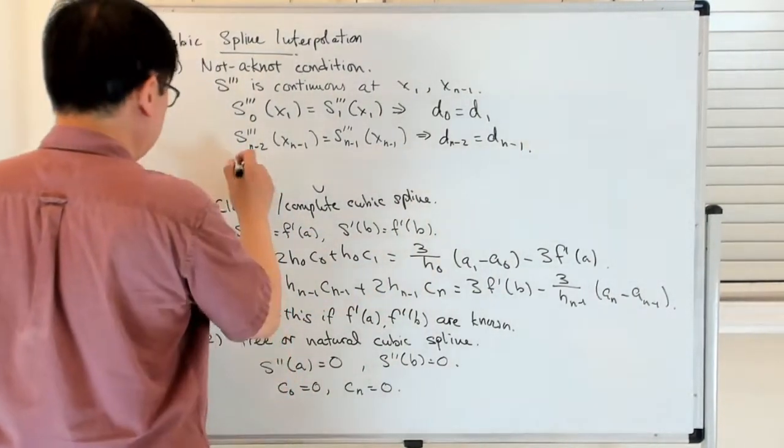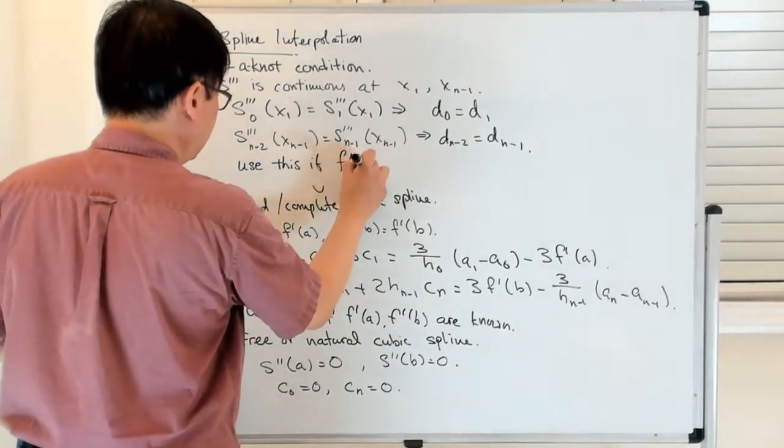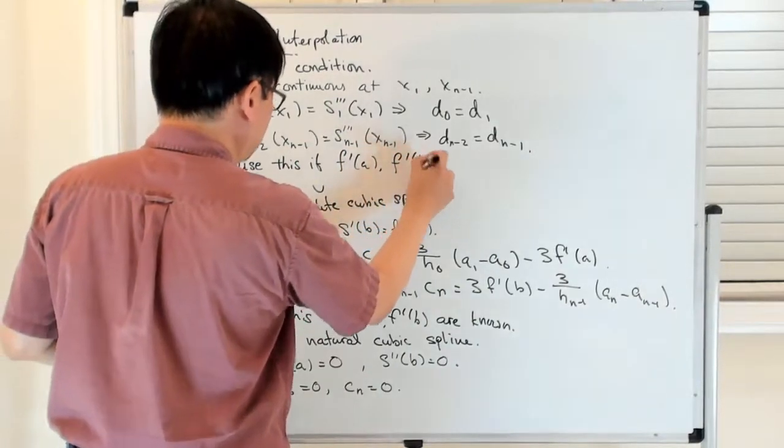So use this if f prime of a and f prime of b are unknown.